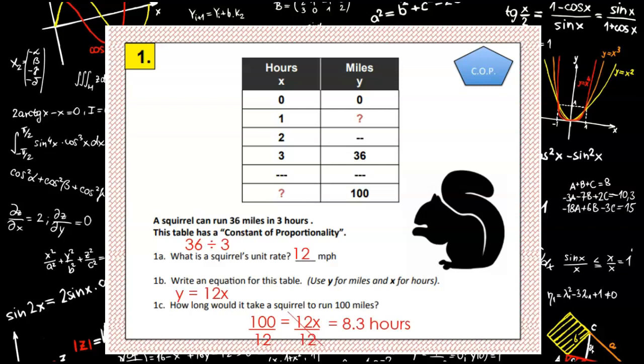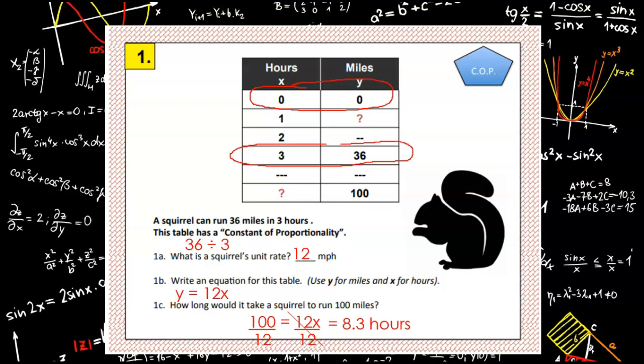The answers. If it tells us it has a constant of proportionality, we know it is a proportional relationship, and we know that the graph will start at the origin. So here on the table, our x and our y is 0, 0. To find the constant of proportionality, I'm looking at the information I have.